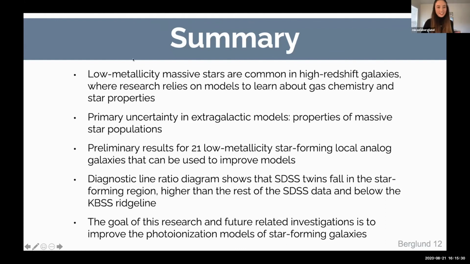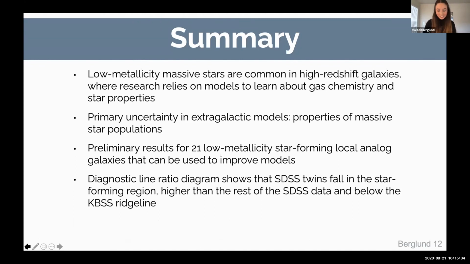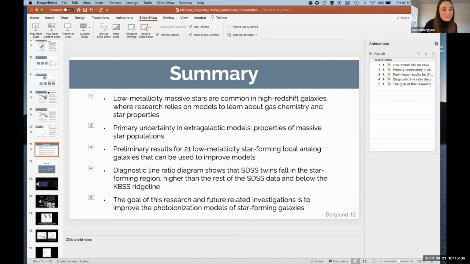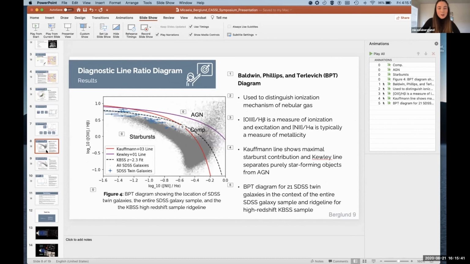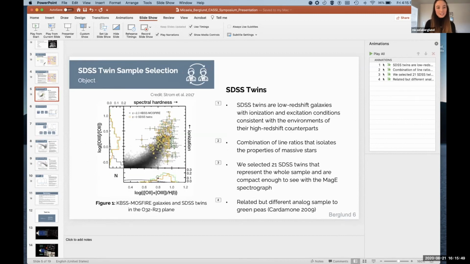That's a good question, Alex. I'll reference one of my slides. So the SDSS twins are spectroscopically similar based on the R32 O32 plane, which means that they're spectroscopically similar when we're talking about their massive star populations, which is what we care about.